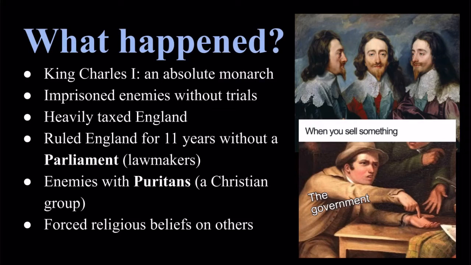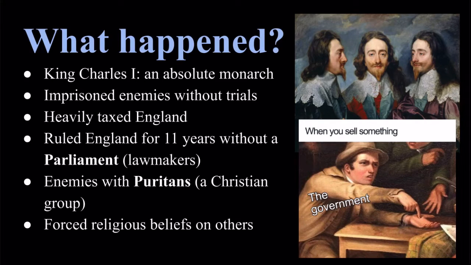And what's basically happened? Well, for one, King Charles the First is in charge, and he's an absolute monarch. And hopefully you followed along with what an absolute monarch is. It's simply someone with total or complete power. And so basically what he's done is he's imprisoned his enemies, he's taxed England, he's been ruling England for 11 years without Parliament.